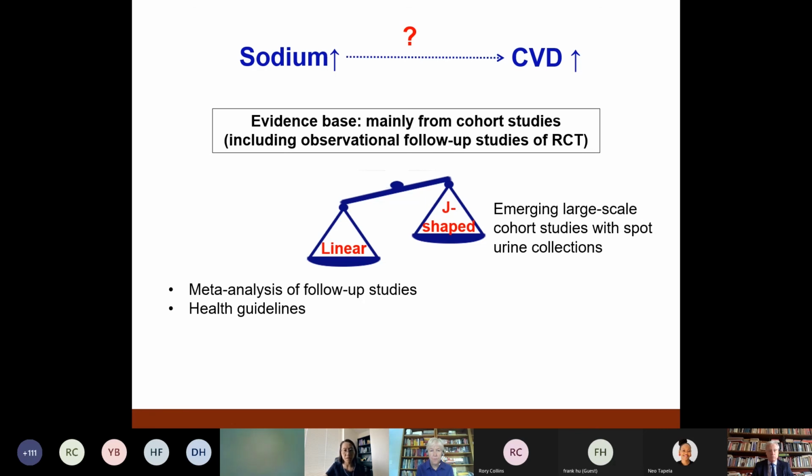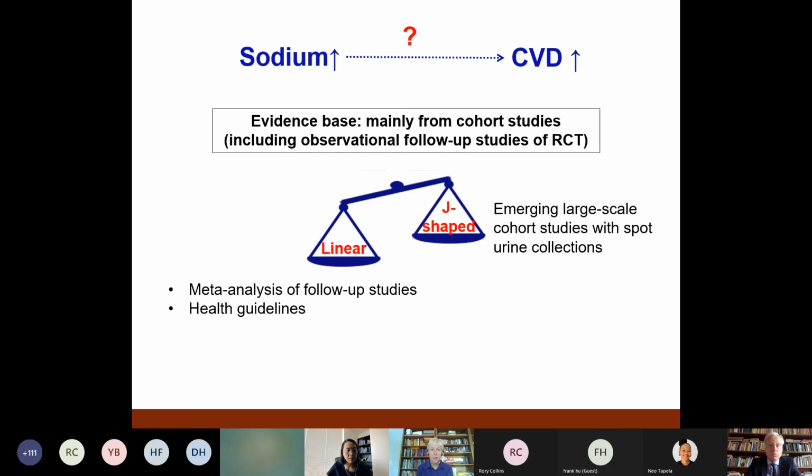As Professor Cook has nicely summarized in her talk, many methodological issues make this question a particularly challenging one to address. The current evidence mainly comes from prospective cohort studies, including the observational follow-up studies of randomized trials.